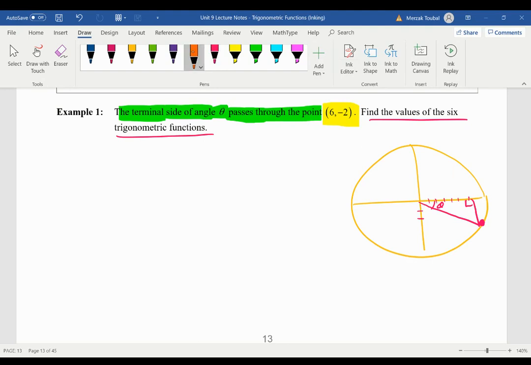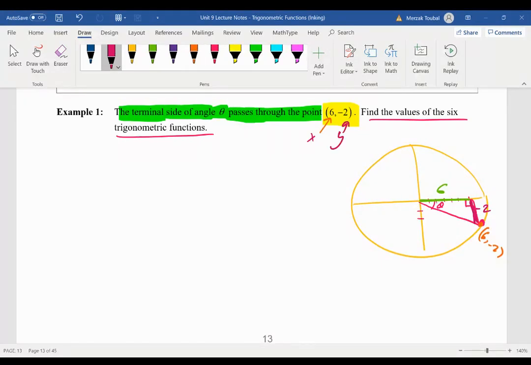Well, since the x-coordinate is 6 and the y-coordinate is -2, this segment over here is 6, and this segment over here is -2, because 6 is x and -2 is y.